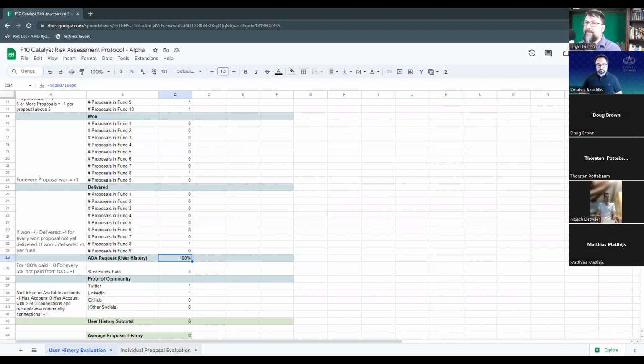We are getting the amount of ADA requested here, and we're only using it as a ratio so far, but that's another place where we could set a +1 or -1 based on if it's over or under a certain dollar figure. So you'd only get the benefit if you've delivered over a certain amount of money.